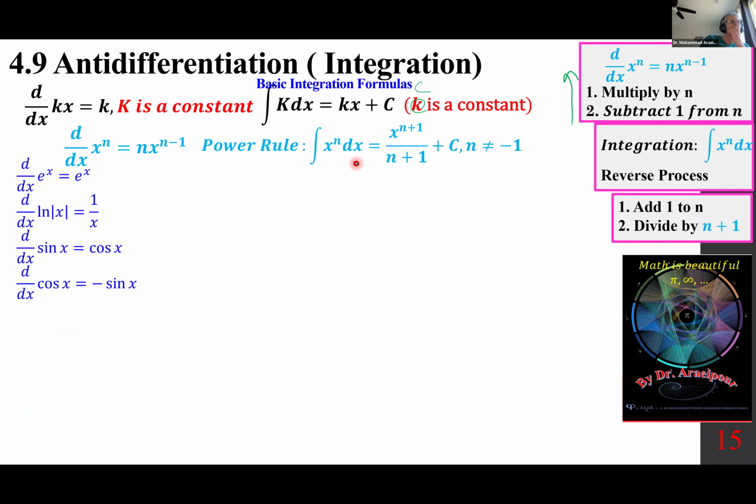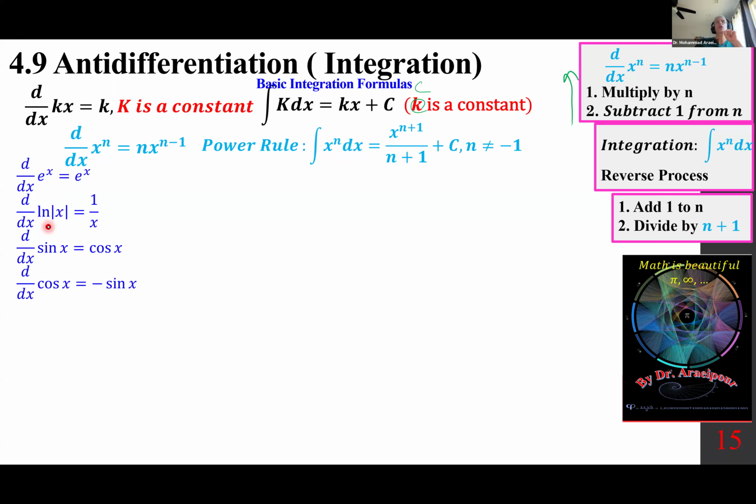In any event, a couple of differentiation formulas that we know, and we're going to go with the reverse process. The derivative of e to the power of x is e to the power of x. Then the integral of e to the power of x dx must be e to the power of x. And as always, we add a constant because the antiderivative introduces a family of functions. Okay.